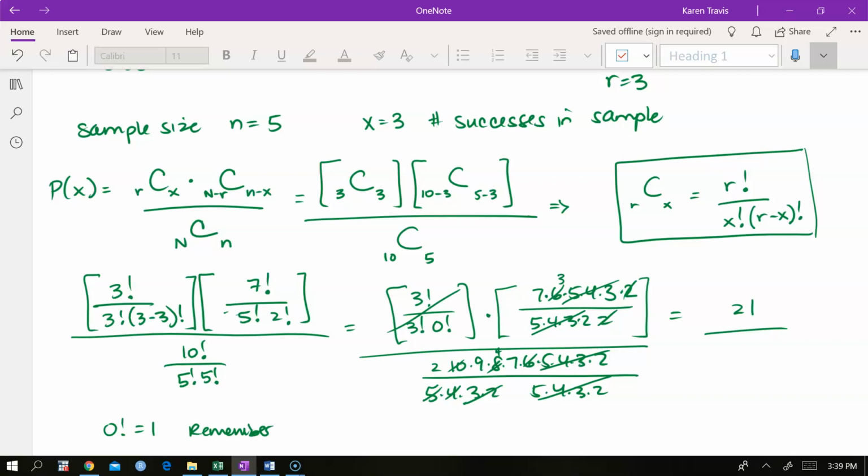So let me just double check. All those 5 factorials cancel. I canceled this 6 with a 3 and a 2. I canceled that 8 with a 4. It should have been a little tiny 2 right there. And I canceled the 10 with the 5 and I got a 2. So I should have a 2, a 2, a 4, and a 7. Let's just double check that.